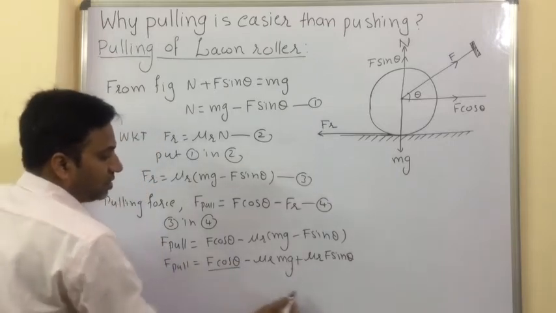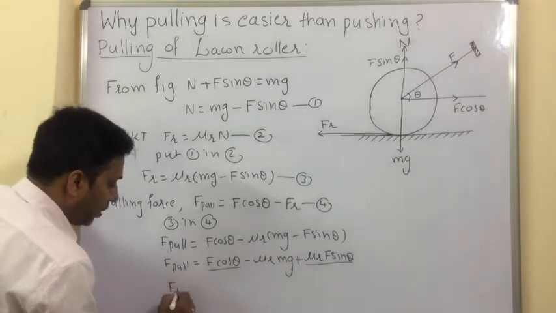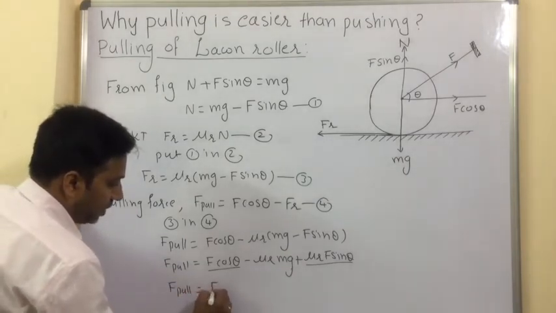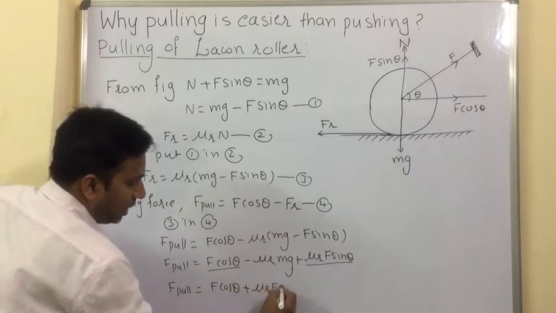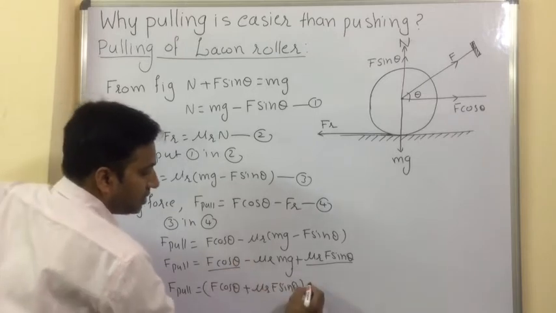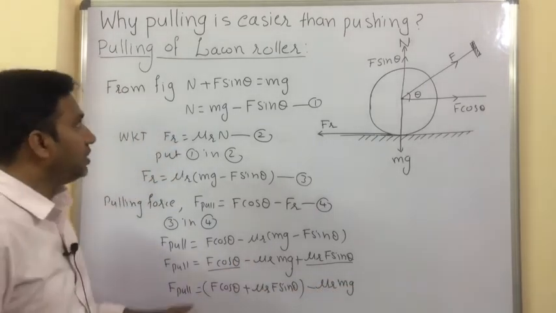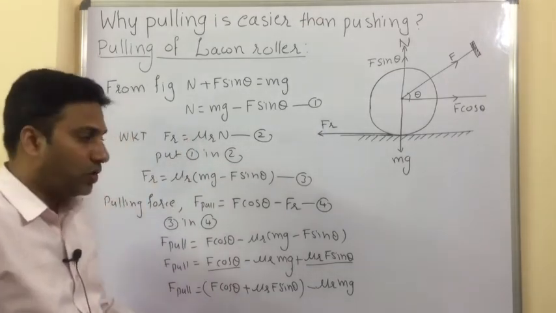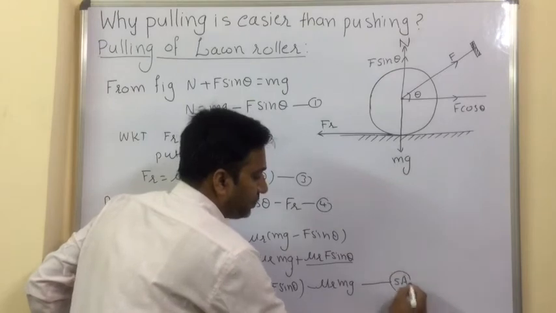F cos theta term and F sin theta term we will write together. So F pull equal to F cos theta plus mu r F sin theta minus mu r mg. This is the final equation for pulling of a lawn roller. Make this equation number 5a.